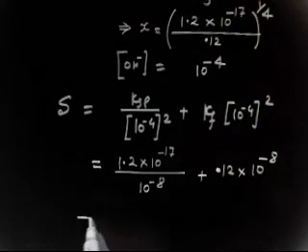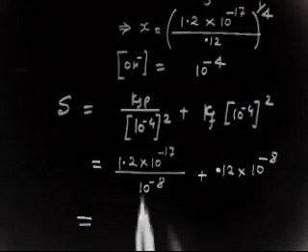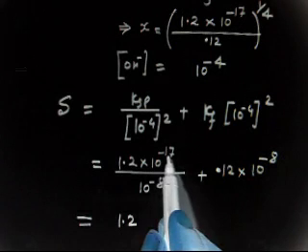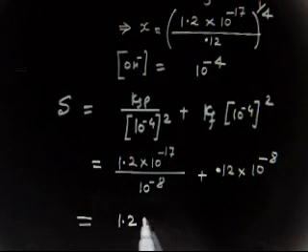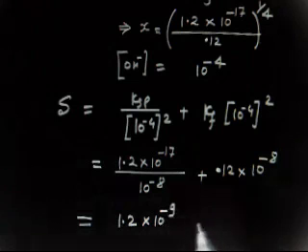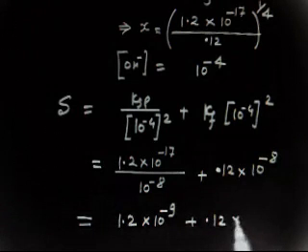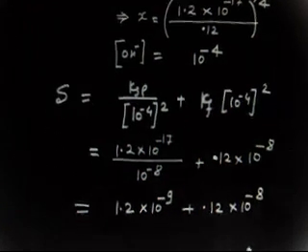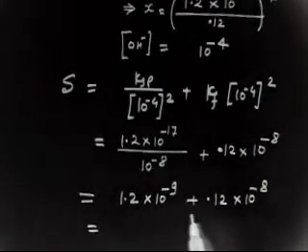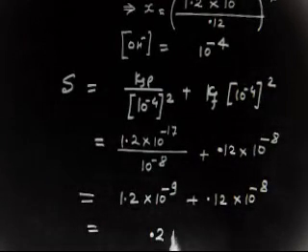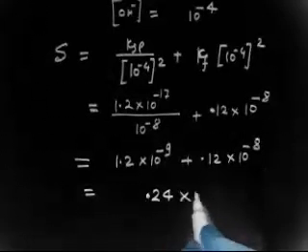So I solve this one. What does this value come out to be? This is 1.2 × 10^-9 plus 0.12 × 10^-8. So the minimum solubility we will have is 0.24 × 10^-8.